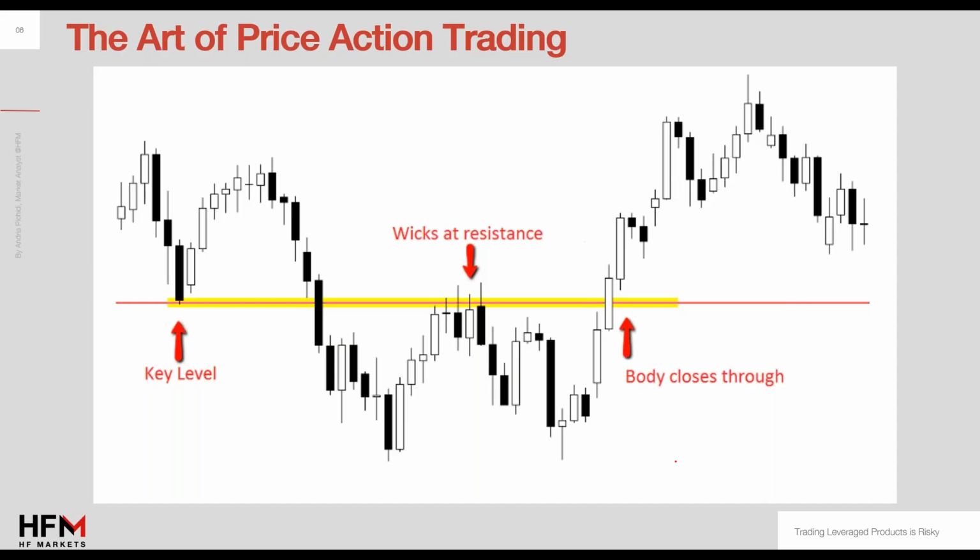Just to have more examples, I want you to be very careful, always observe your wicks, your tails. Tails are even more important than the body sometimes. Look at these repeated wicks at resistance. It was a clear indication that you can have some short-term short position.